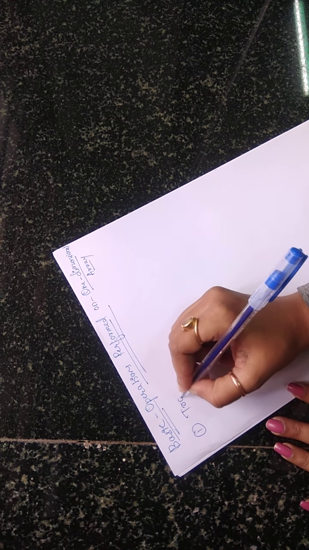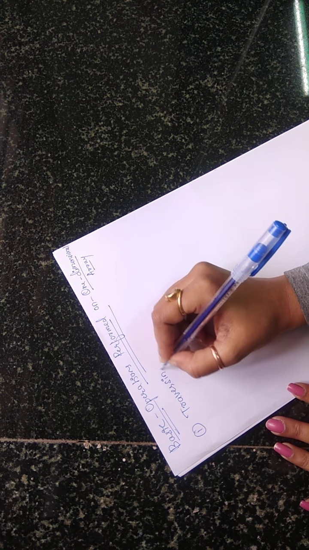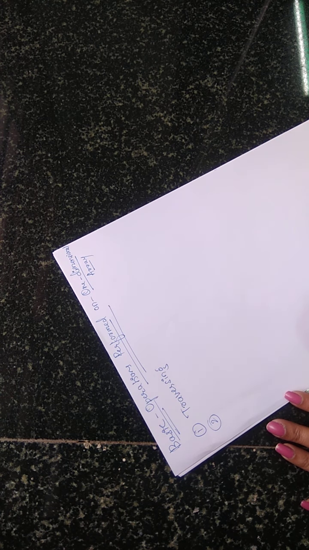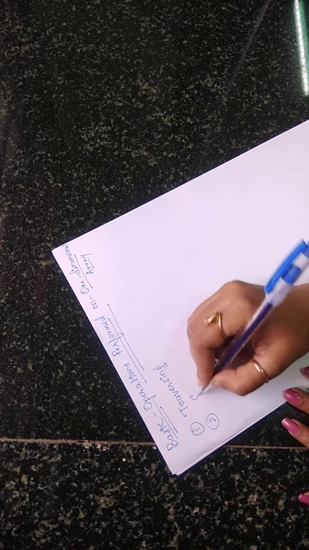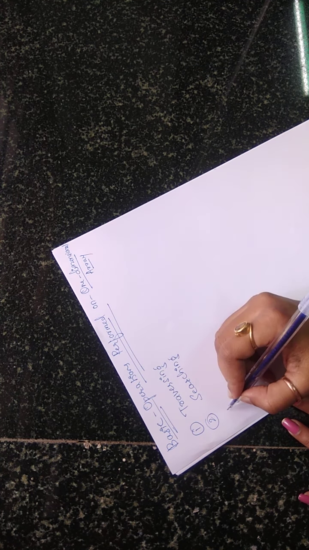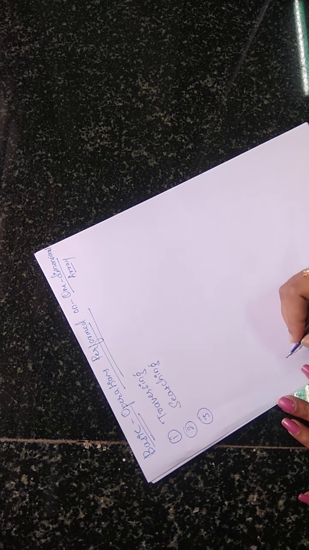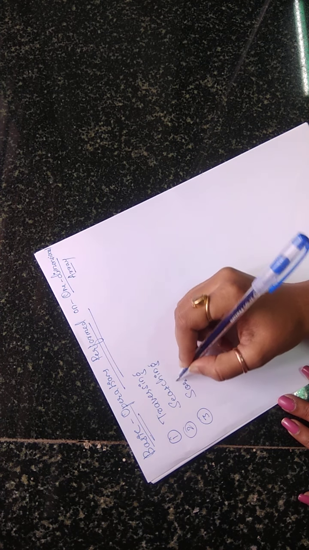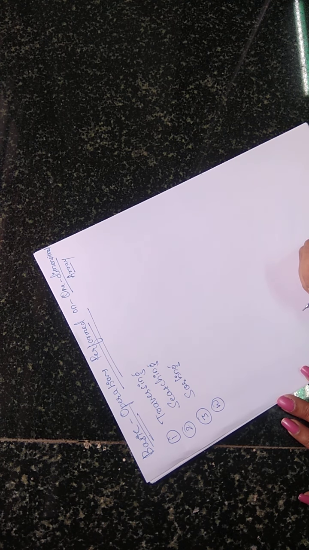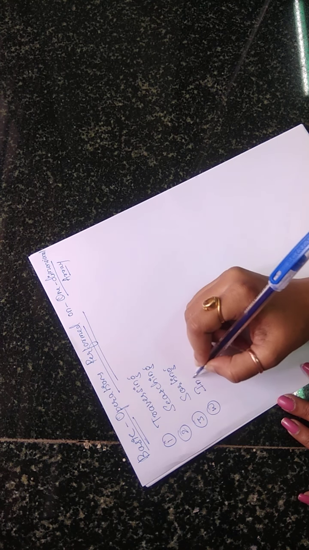There are a few operations which you can perform on a single dimensional array. The first one we have is traversing. These are a little bit the same as the operations we studied earlier. The second one is searching. The third is sorting. The fourth is insertion.